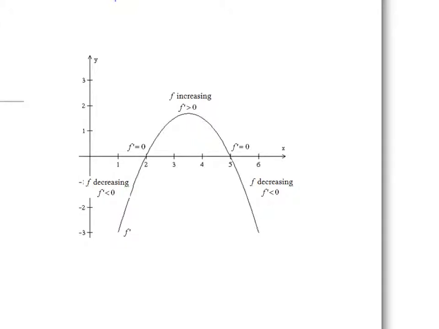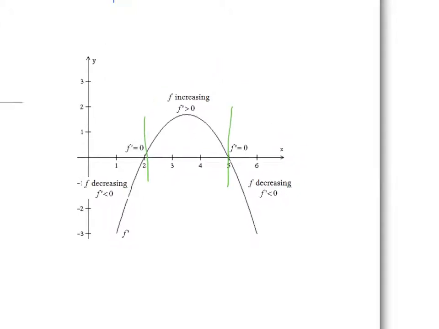It gets a little trickier when we're looking at a picture of the derivative. So if we're looking at a picture of the derivative of the function, then we have to think about what the derivative means in the context of the function. So I'm going to break this up into a couple of parts. From 1 to 2, our function is decreasing because the slopes are negative. Another way to think about that is that they're below the x-axis.